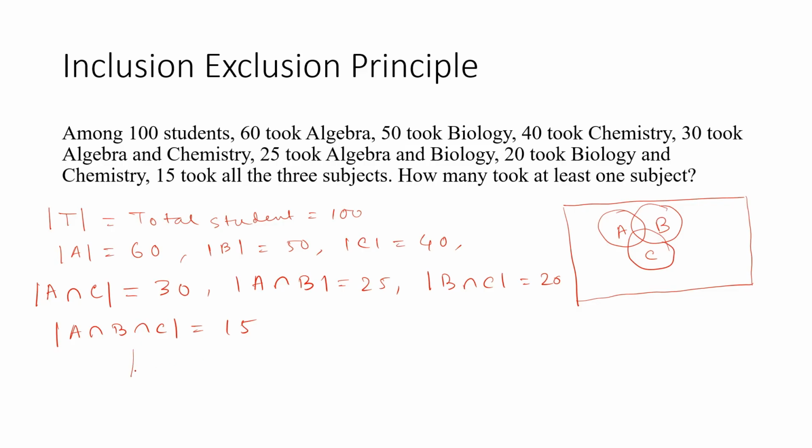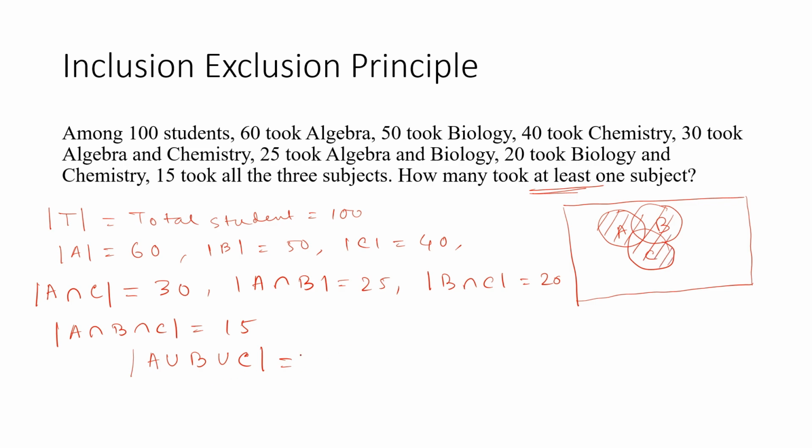That means you have to find the union of the three sets, A union B union C. You can use the words "at least" as a keyword for union of sets. So here we have to find this region.